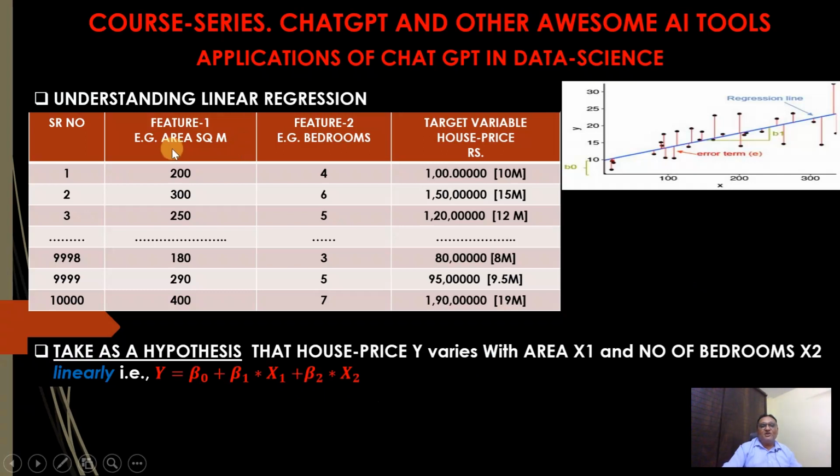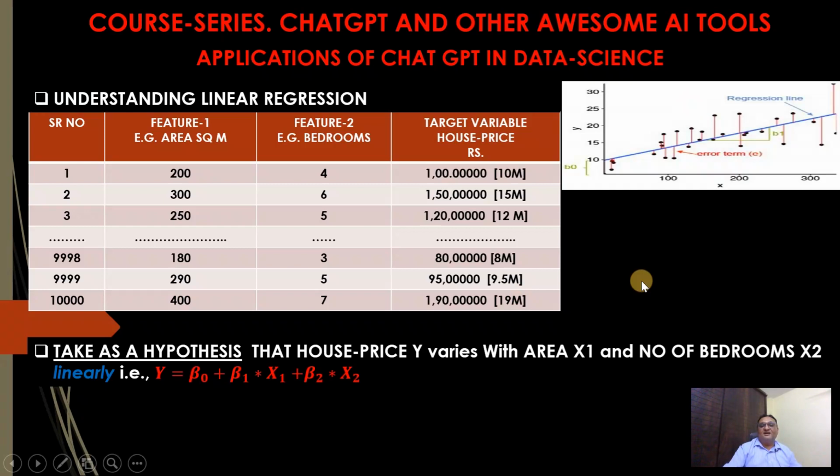Now when we take two variables, remember I said that initially forget about even bedrooms and assume that price varies on only area. Then you would get this kind of line of fit, and this would be a data point.